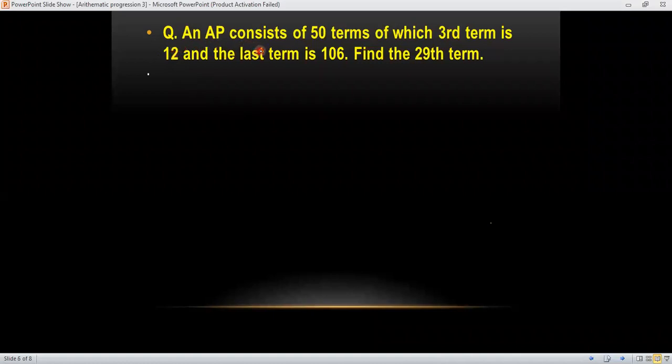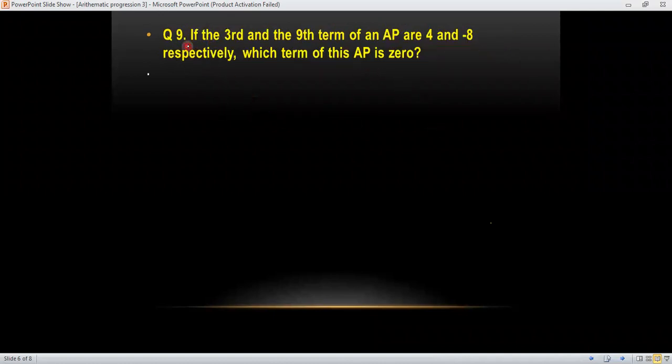This is the 9th question. If the third and 9th terms of an AP are 4 and minus 8 respectively, which term of this AP is 0?